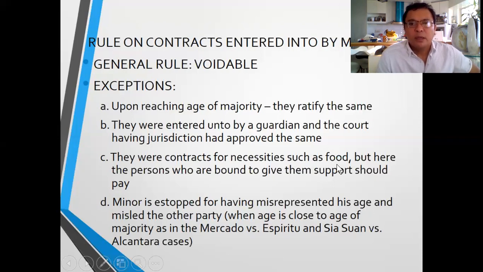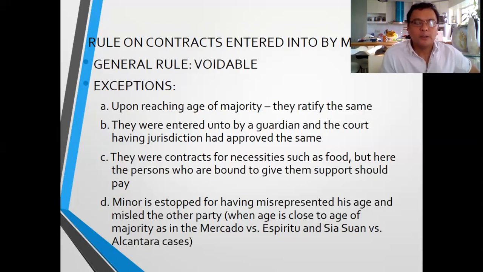education. If a minor comes to a boarding house and enters into a contract because he wants to lease the boarding house since he is going to school, then that contract is valid because the boarding house is considered shelter, a necessity. If a minor enters a bookstore and buys books, then that contract is also valid.